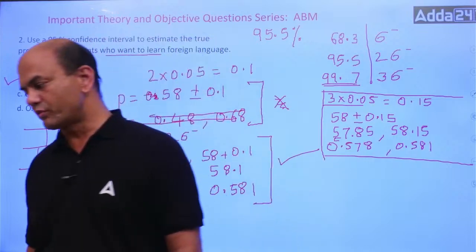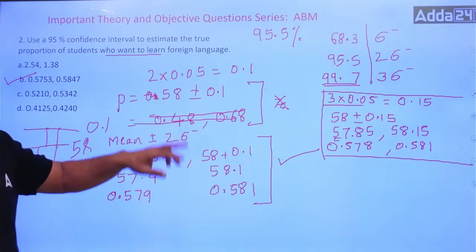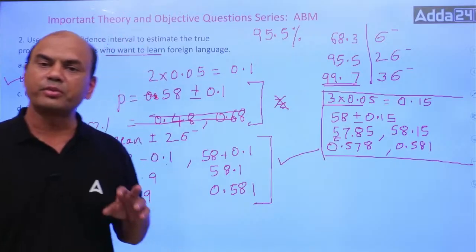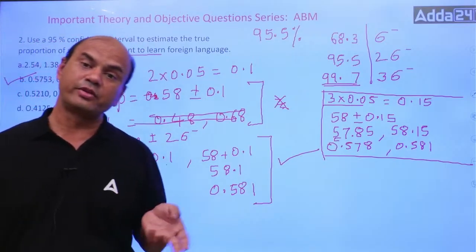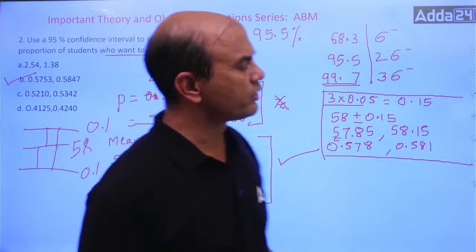Let me see. 58.05 and 57.95, maxima and minima. Got it? Clear? Simple. Let's move on to the next one.